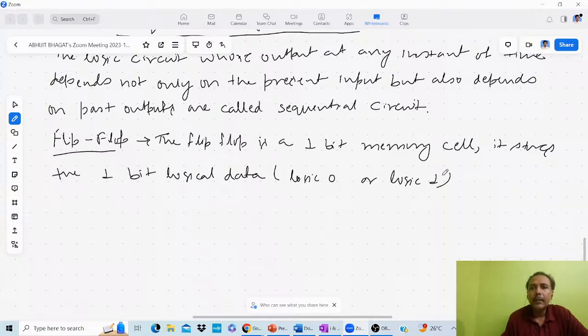So the flip flop is the memory cell which can store 1-bit logic data. Either it will be 0 or it will be 1.